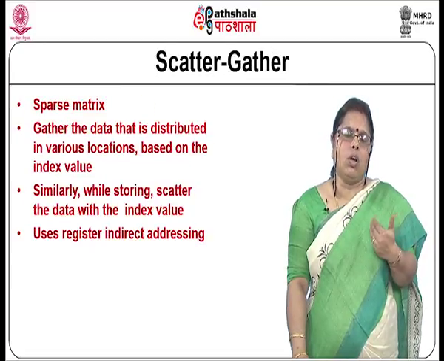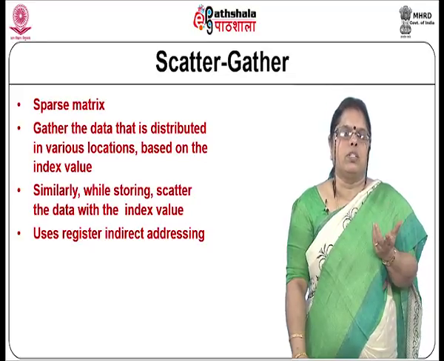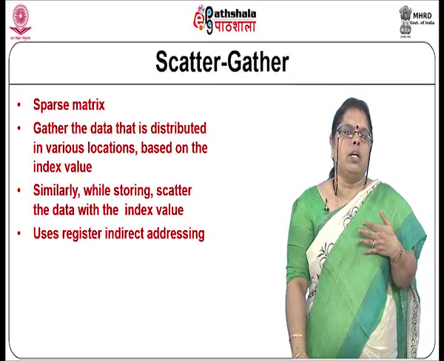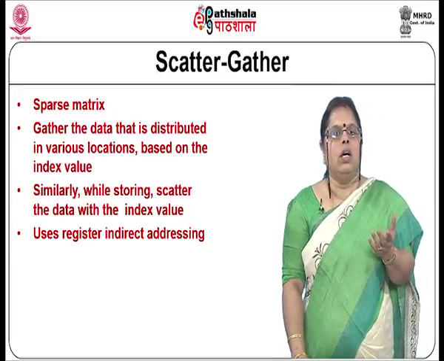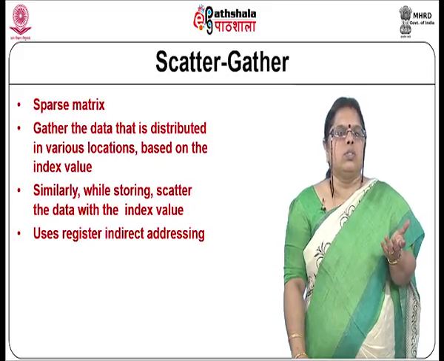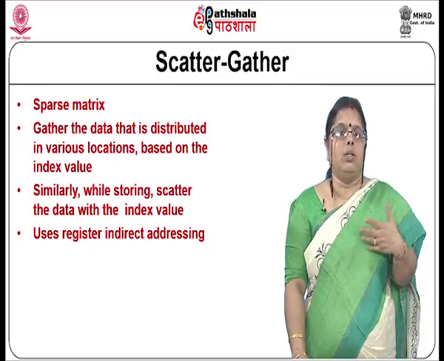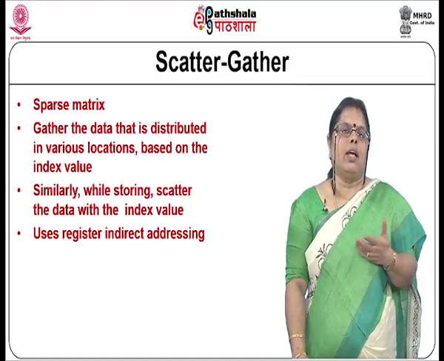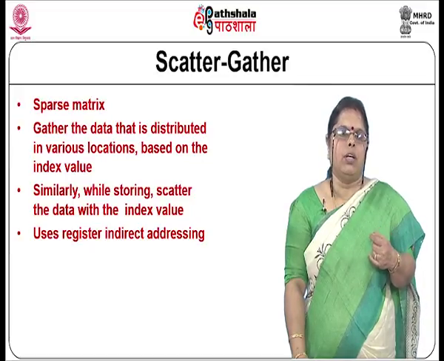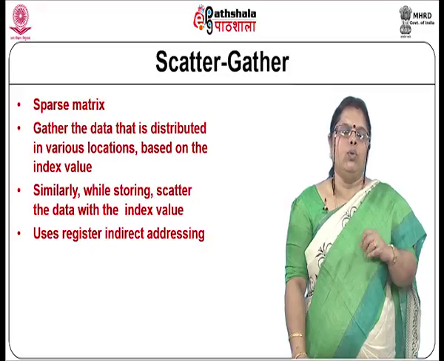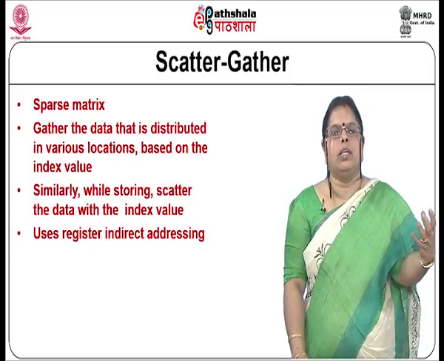The other important concept that is adopted in vector processors is with respect to sparse matrices. When you look at sparse matrices, all the elements of the matrix are not going to be non-zero, and many of them will be 0 elements. Which means we are interested only in the non-zero elements, and they may be scattered throughout. So, you have a scatter-gather operation which is supported, where using the index of the data where you have a non-zero value, you will be able to gather all these non-zero elements and pack them into one register.